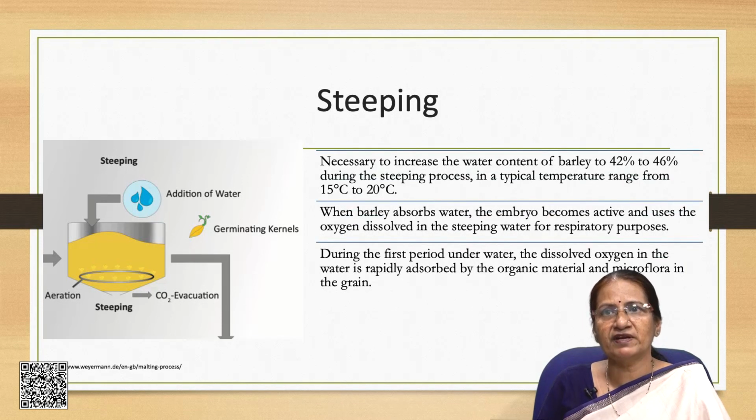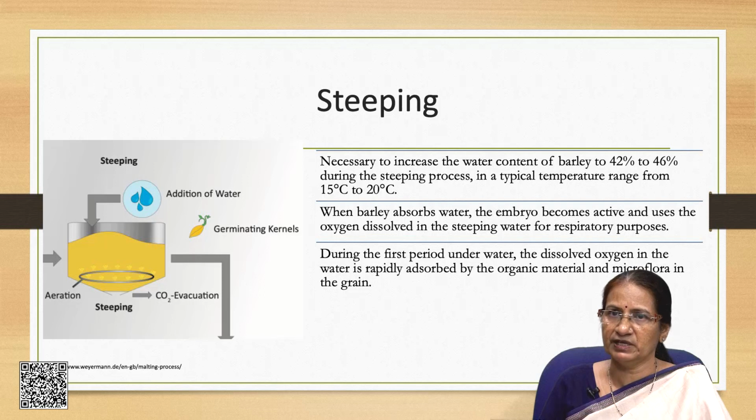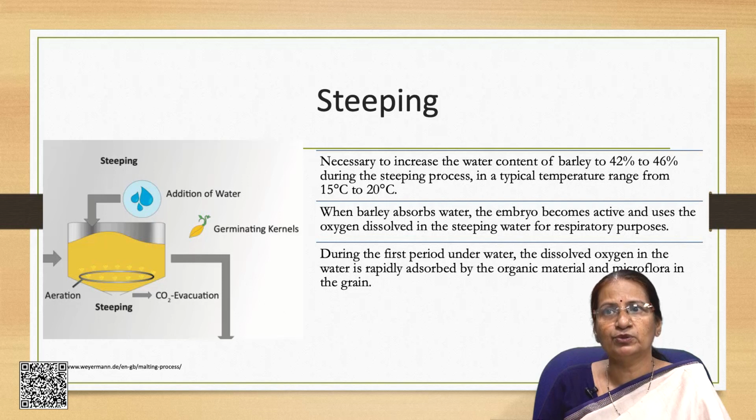To achieve satisfactory results during the subsequent malting, it is necessary to increase the water content of barley to approximately 42 to 46% during the steeping process, in a typical temperature range from 15 to 20 degrees centigrade.